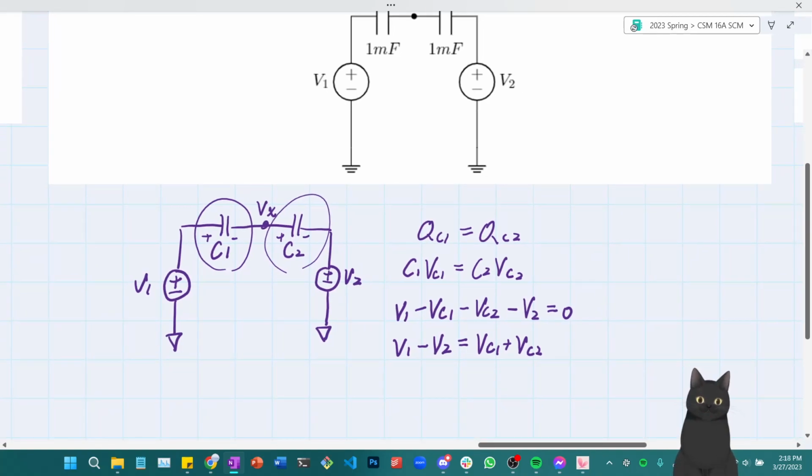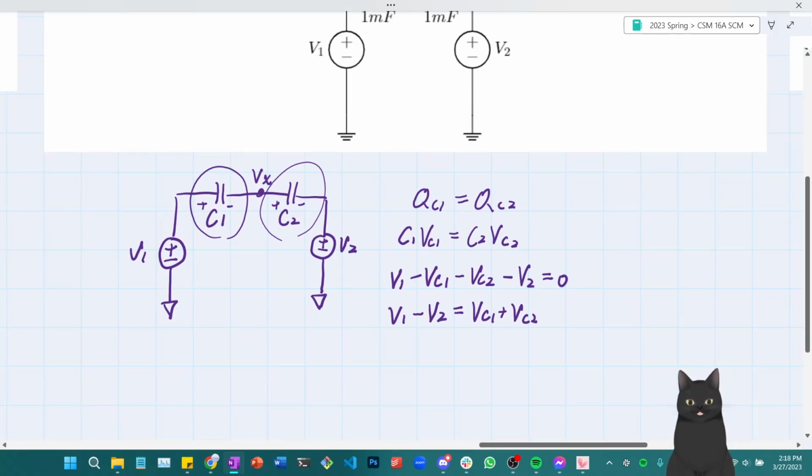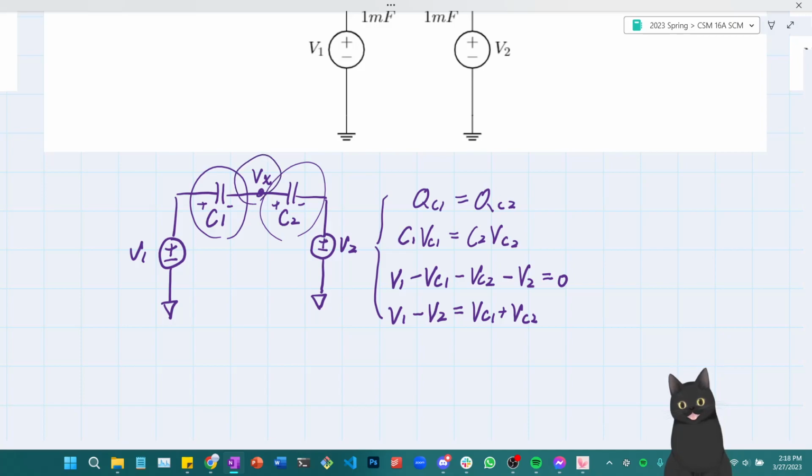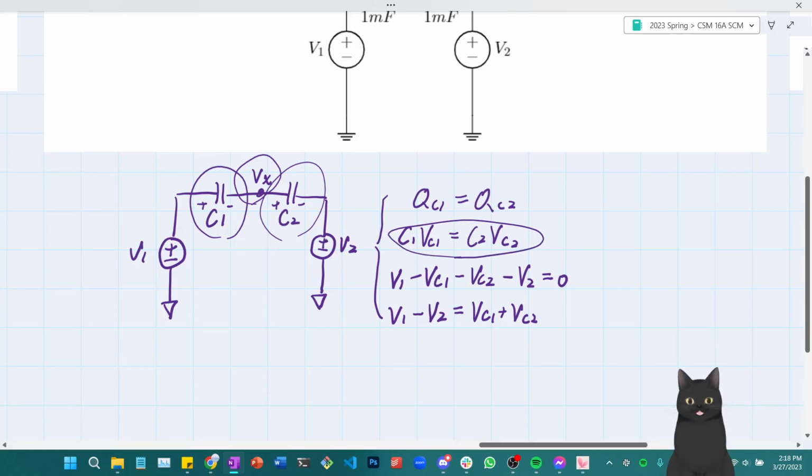So now, given the above properties, I'm going to substitute these expressions into each other to try reaching a conclusion. And I'm going to try to involve Vx as well. So first of all, C1 VC1 is equal to C2 VC2, and I'm going to first try to calculate what VC1 and VC2 are so I can have an expression to work with.